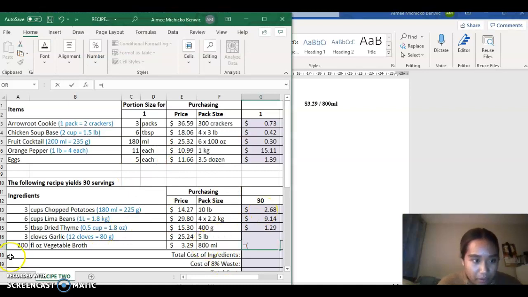So we're just copying in our Excel. Multiplied by 30, close bracket, multiplied by the price of $3.29 divided by 800 ml. That gives us $24.68.